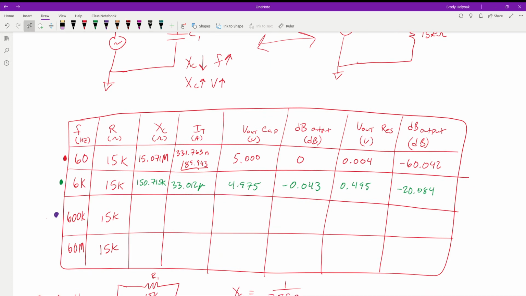The X of C value is 1.507 kilo ohms. Our current total is 331.653 microamps. Now we just need to solve for our voltages.